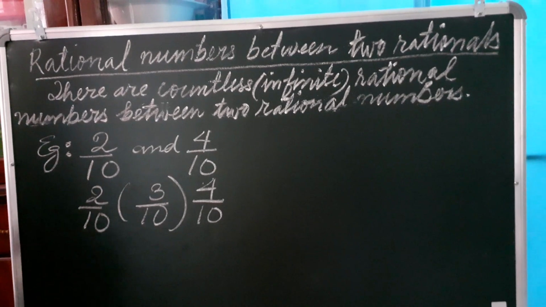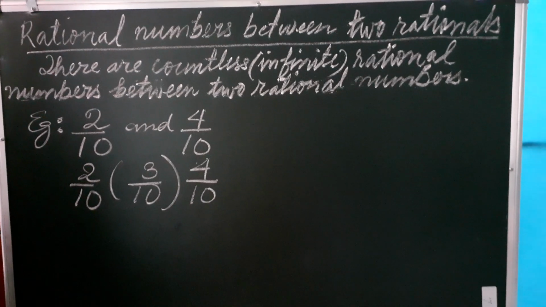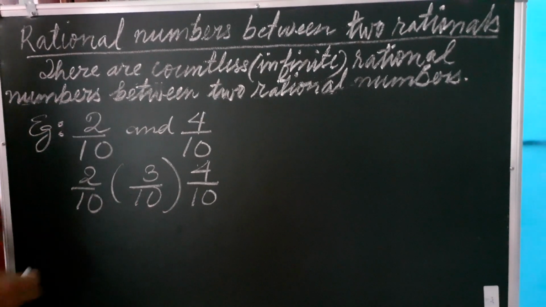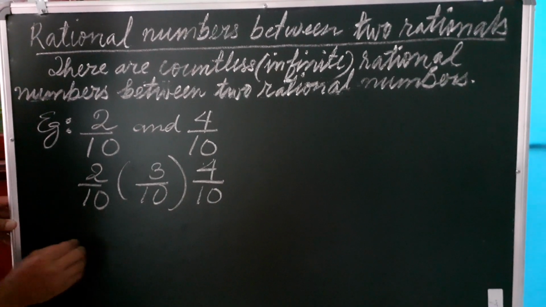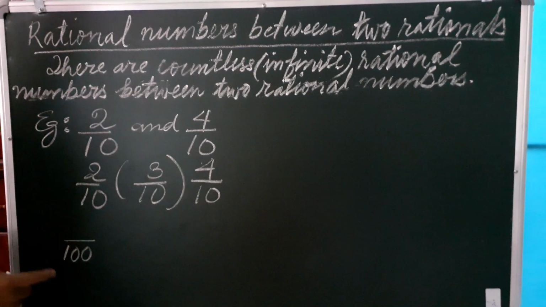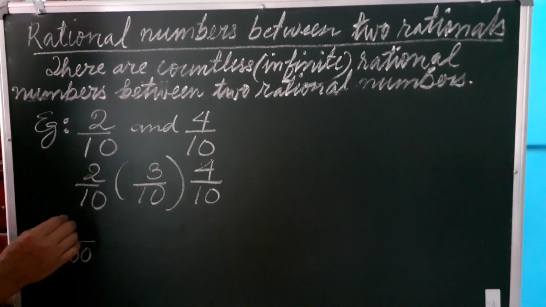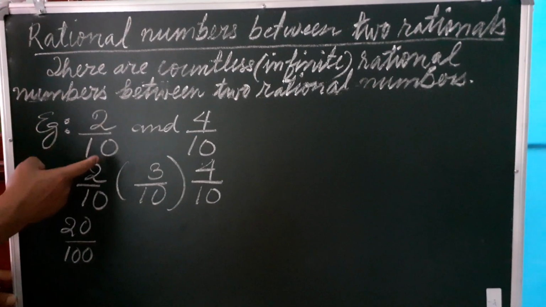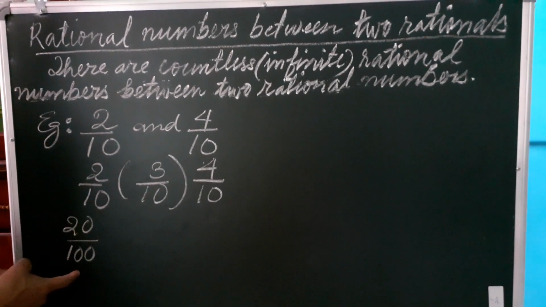But there are countless, infinite rational numbers between these two. 2 by 10 can also be written as 20 by 100, an equivalent fraction.